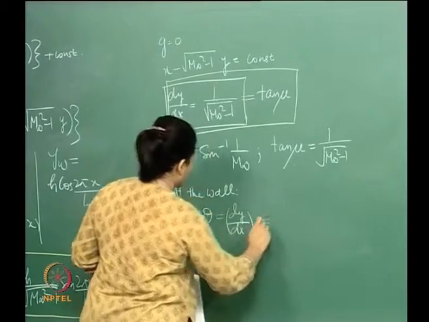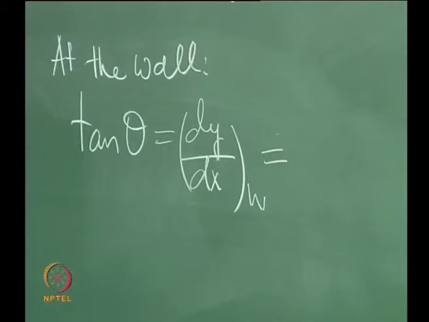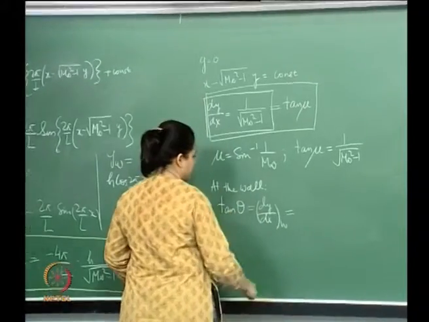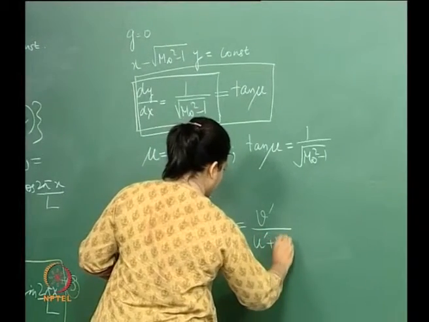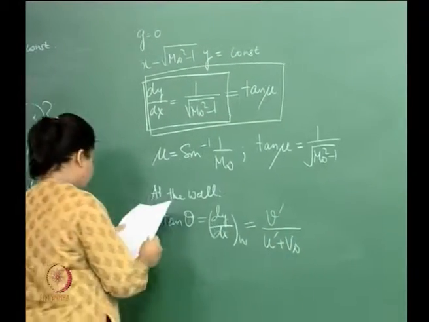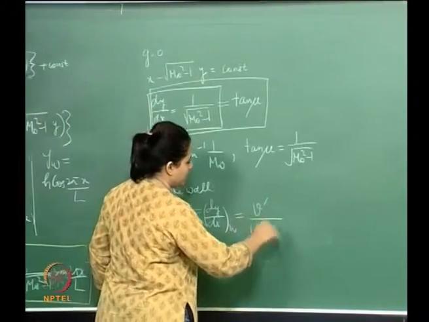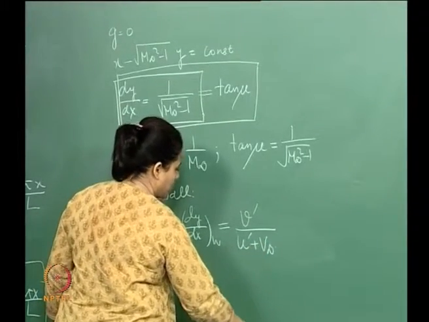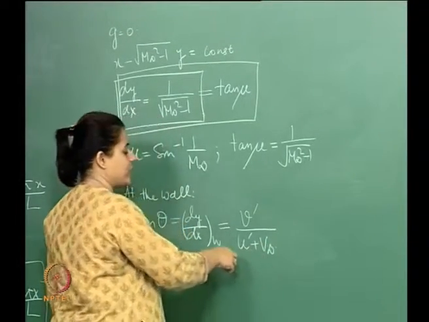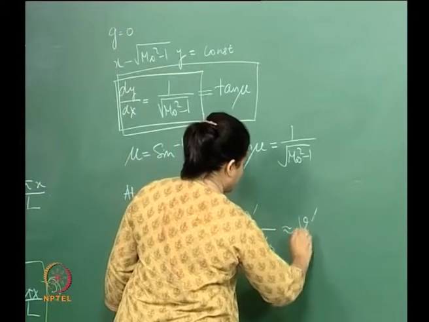So tan theta is the physical slope. This is what we've done before, and taking small perturbation considerations, this is very small compared to V infinity. So what we get here is this.